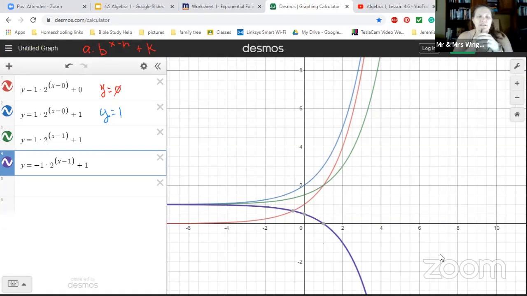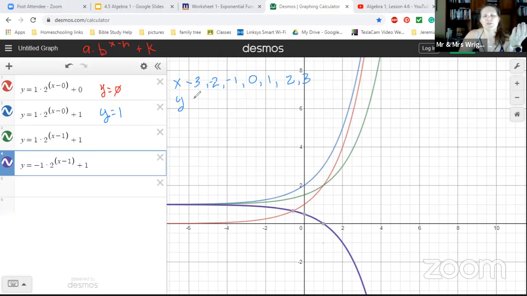The other way is, if you had this equation, you would create a chart with all of your numbers, just like we did before when we were creating charts. You'd have your X and your Y. Make sure you have some negatives as well as some positives. So you could go -3, -2, -1, 0, 1, 2, 3.